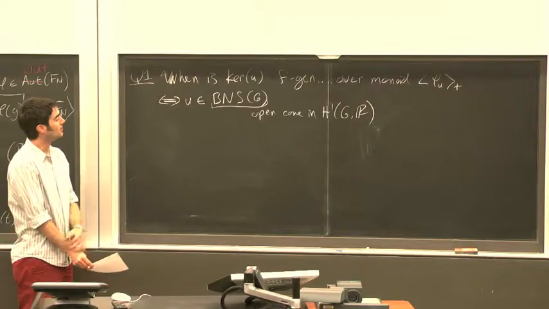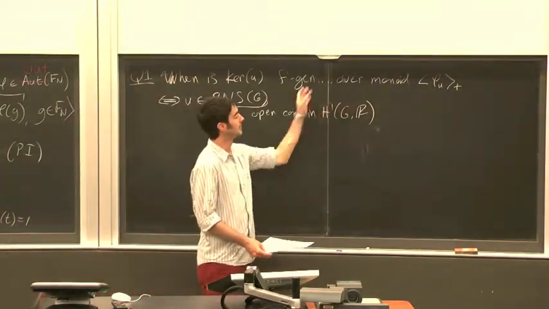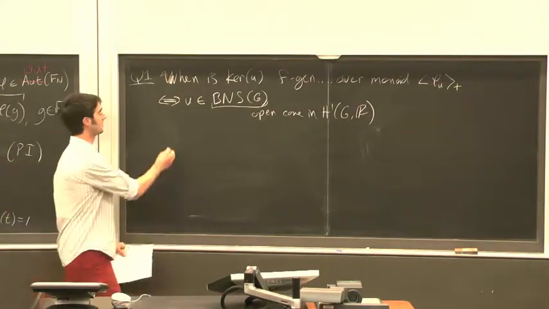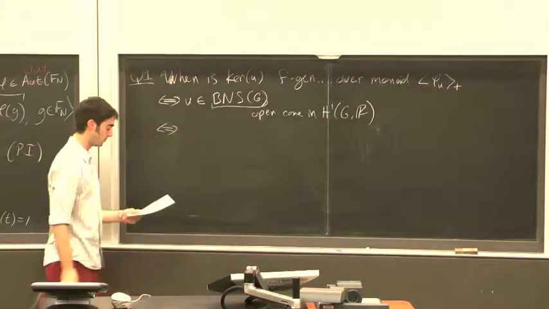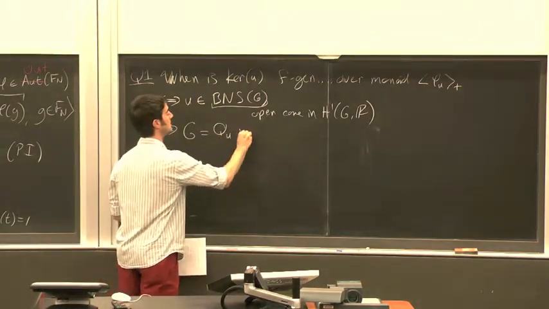And maybe you want to know when you're in that BNS-invariant. Okay. So let me tell you another way to think about this. I don't know if anyone likes thinking about these finitely generated things over monoids, but it turns out this is equivalent to being able to express your group as an HNN-extension in the following way.